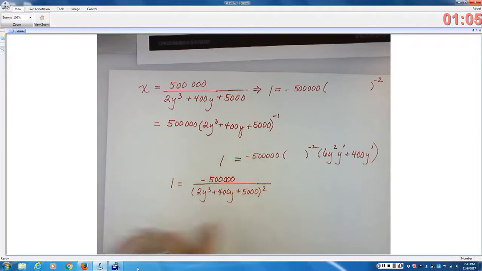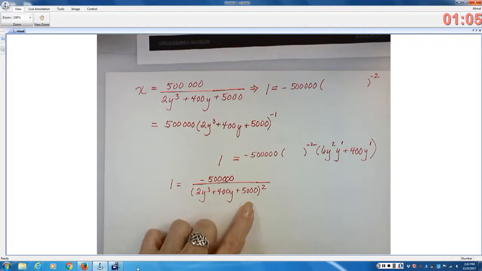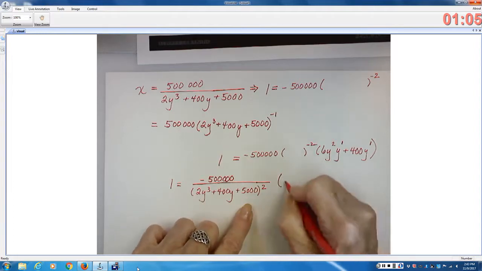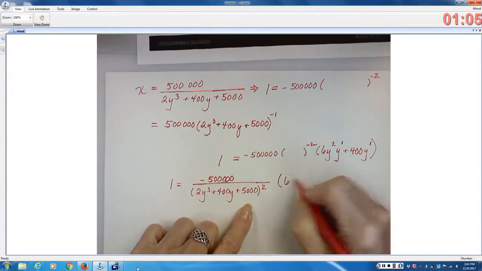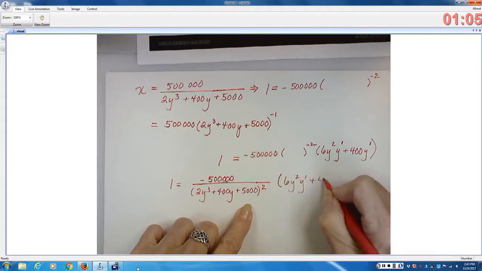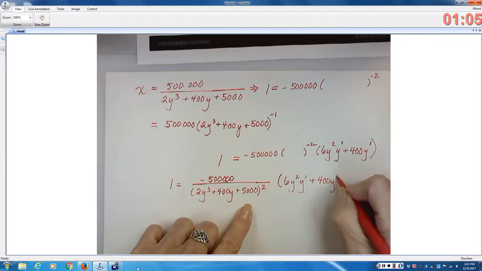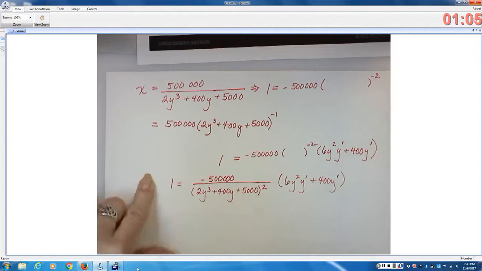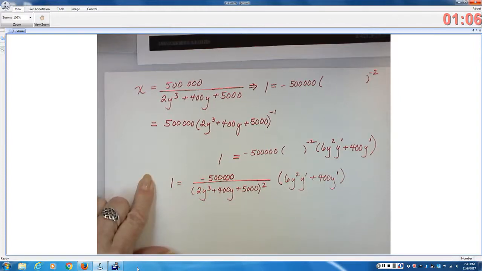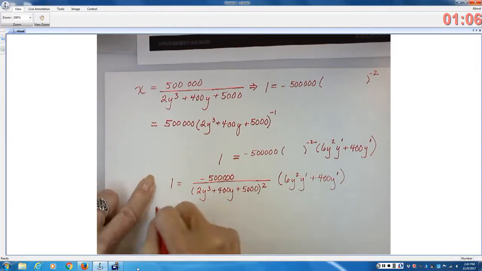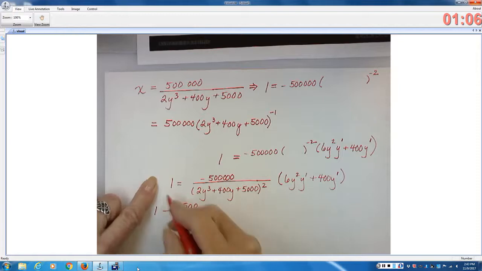So all I really did was put it back down there, and it's squared times everything that has a y prime in it. And I want this over here. And since this is negative, this is going to be positive.